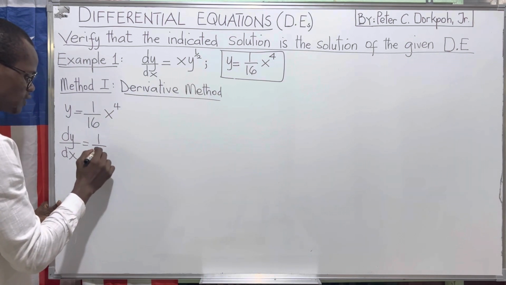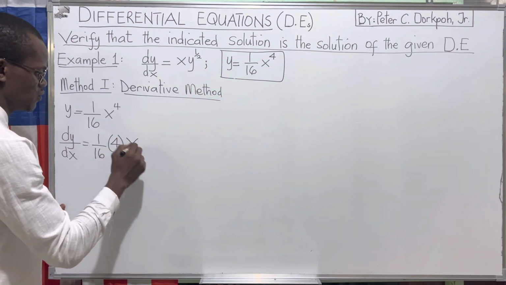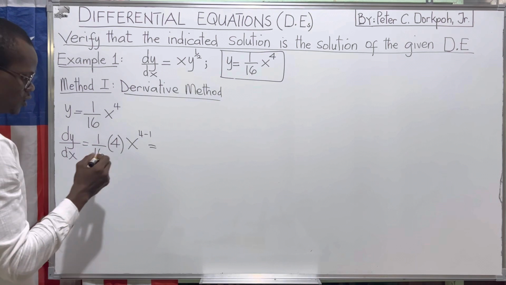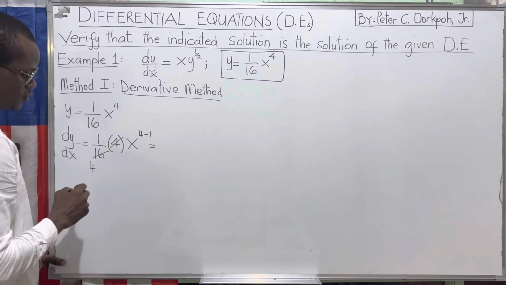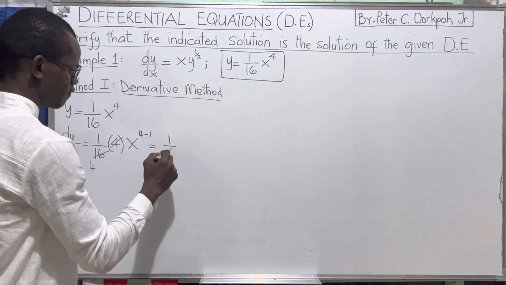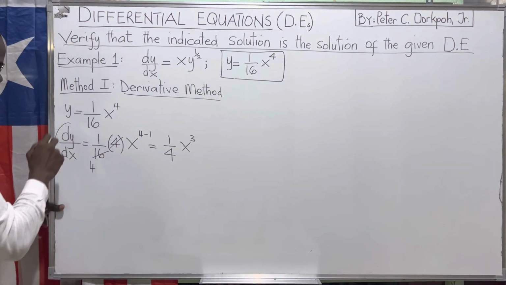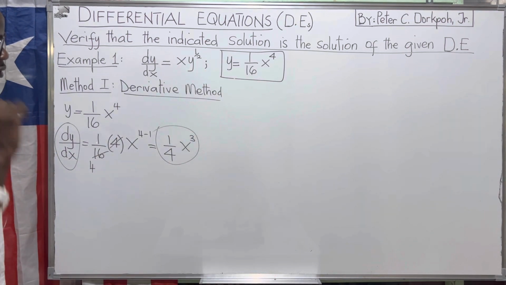This is 1 over 16, we drop this power 4, we rewrite x and subtract 1 from the power, so it's 4 minus 1. So 4 going into 16 goes 4 times. So we have 1 over 4 x raised to the third power. So dy by dx is equal to 1 over 4 x raised to the third power.